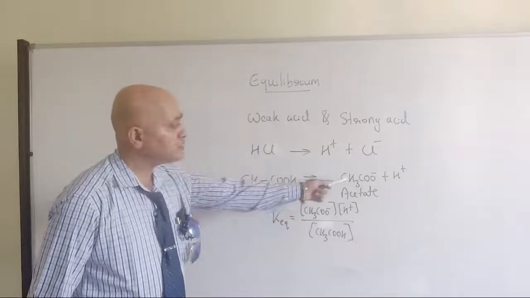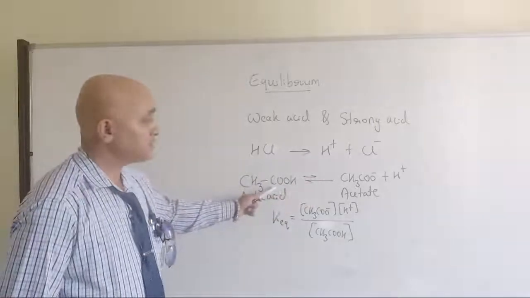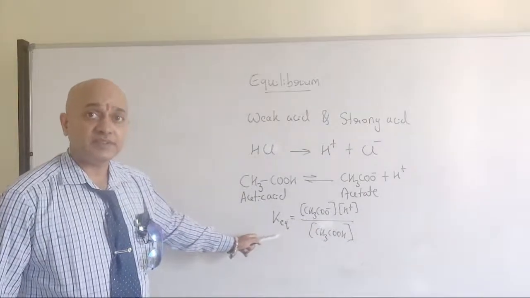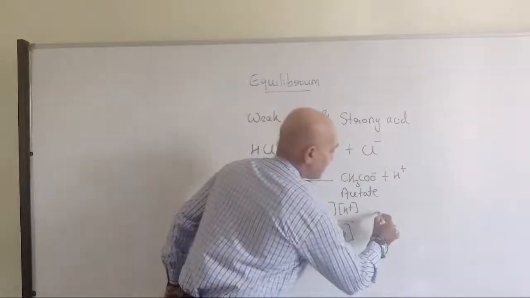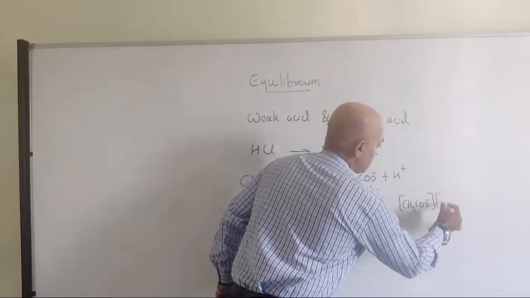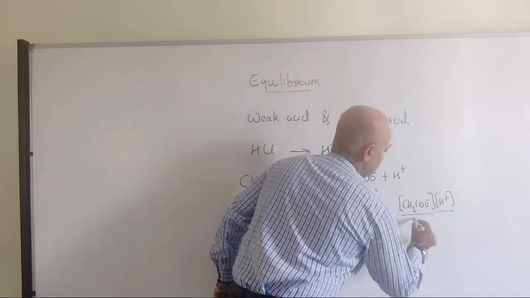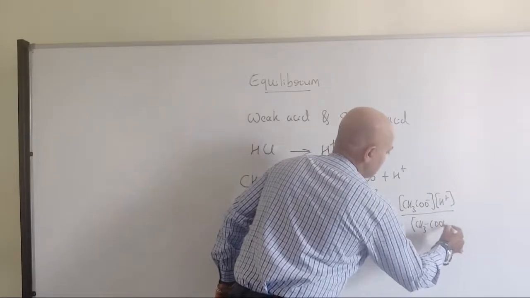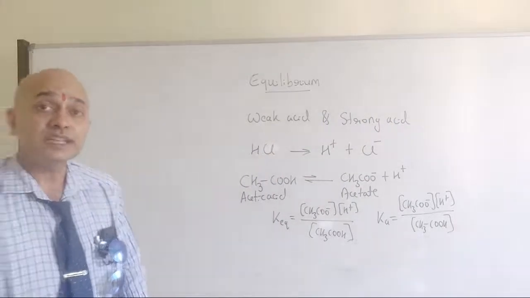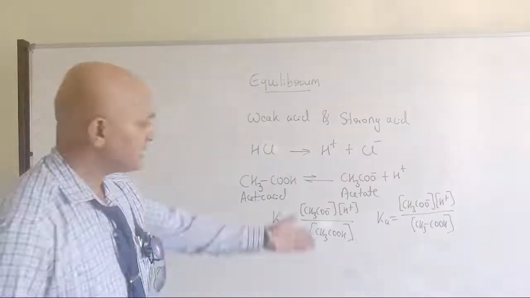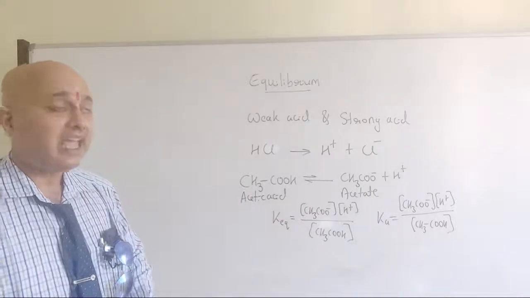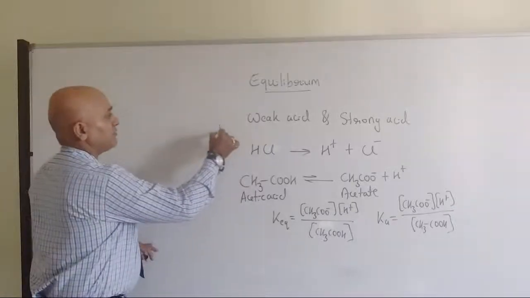Since we are talking about dissociation of acetic acid as acetate and H plus, we can also call it Ka, the dissociation constant of the acid, which is nothing but the equilibrium constant.